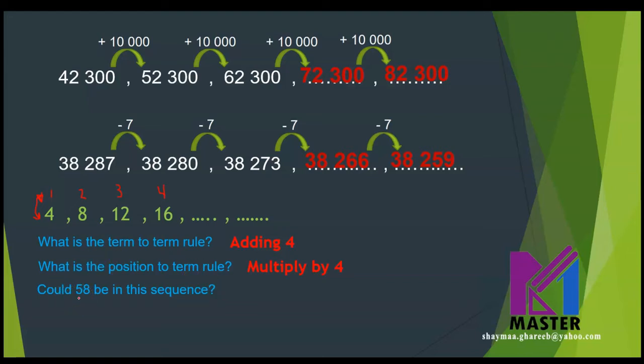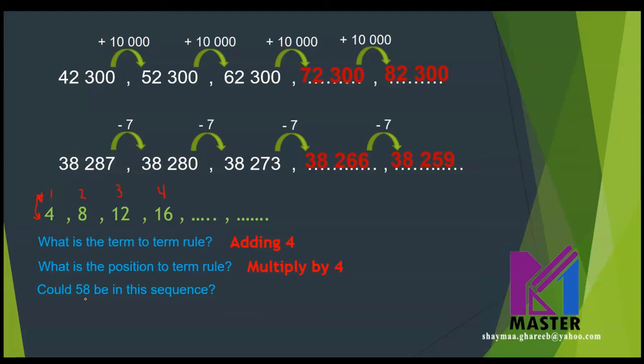How do we divide by 4? Find the half twice. If the number can be halved twice, then it is divisible by 4. What is half of 58? Half of 50 is 25. Half of 8 is 4. So half of 58 is 29. Can 29 be halved one more time?